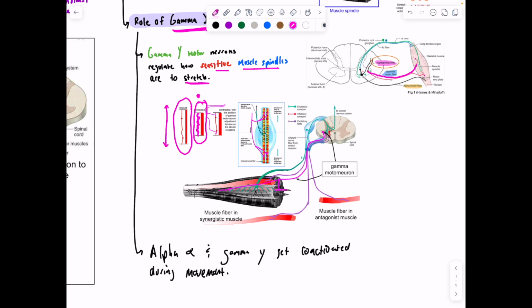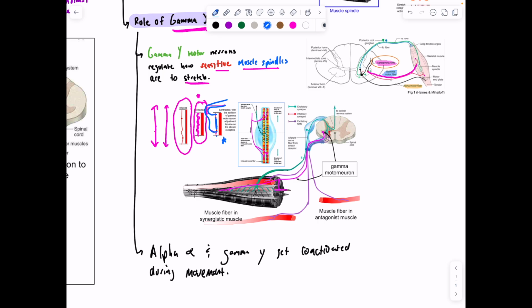So in order to still be able to sense stretch, you need to make sure that your muscle spindle remains under tension. So your gamma motor neurons are going to adjust the muscle spindle such that they don't have slack. I think slack is the right word. They don't have a lot of slack in them, such that even if the muscle's contracted, they can still be sensitive to stretch.